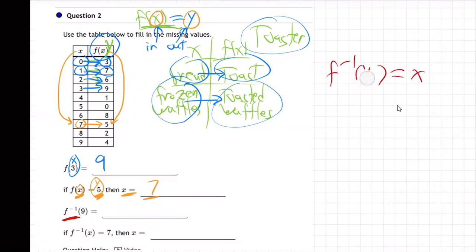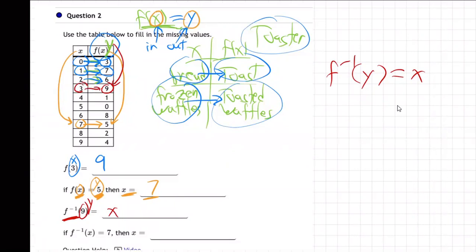You with me? It reverses it. So therefore, this 9 right here is actually y. They're saying, go find the y value of 9 and tell us what x it's connected to. Well, it's right here. Y value of 9 comes from the x value of 3.